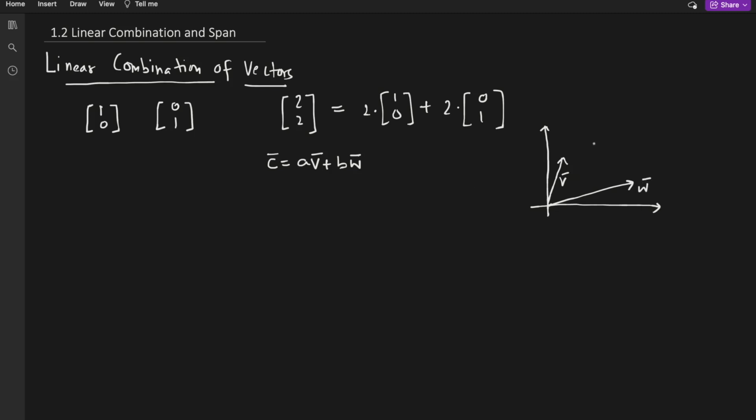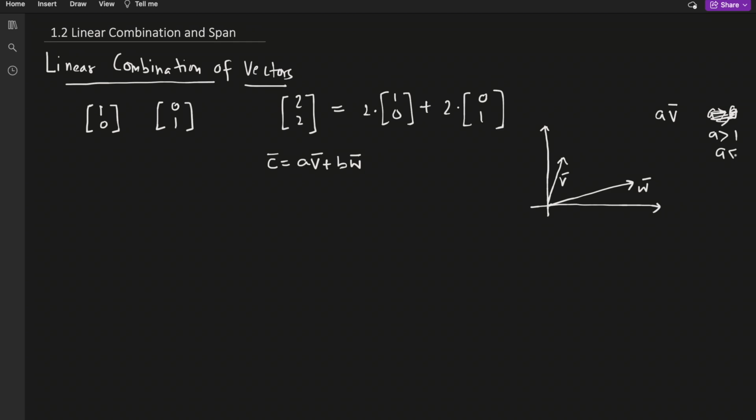As I already told you, multiplying a scalar with any vector is nothing but stretching or squishing that vector by some amount. If a is greater than 1, then we are stretching the vector.